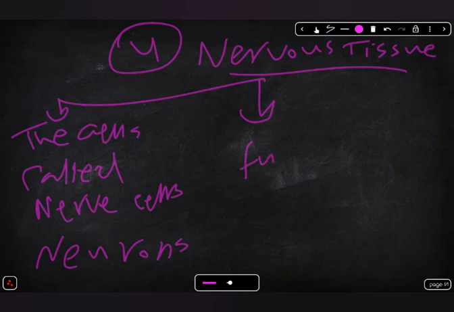The function, the neurons is the building and the functional unit of the nervous system. Okay, very important for my nervous system. Okay, and it is the building and functional unit.